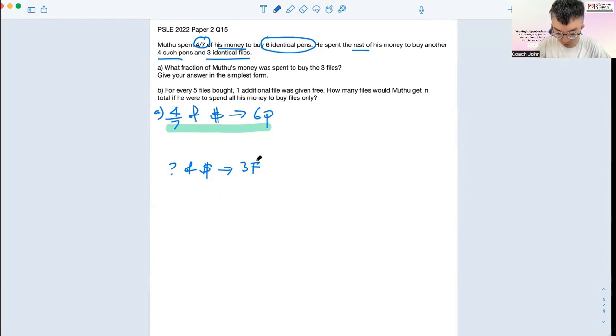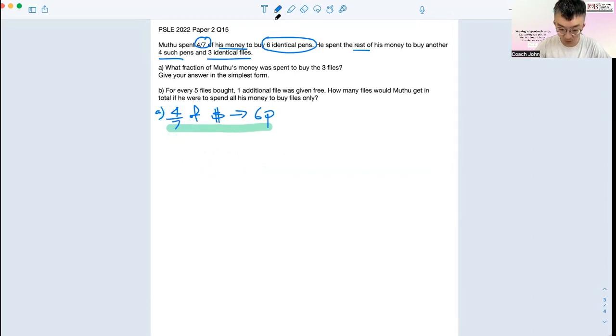So we need to move from a fraction of the money to represent some number of pence, and then we use that to minus off. Let me just illustrate from here.